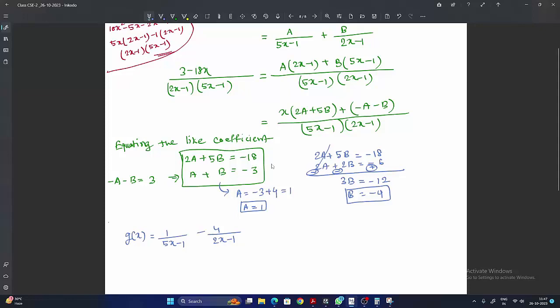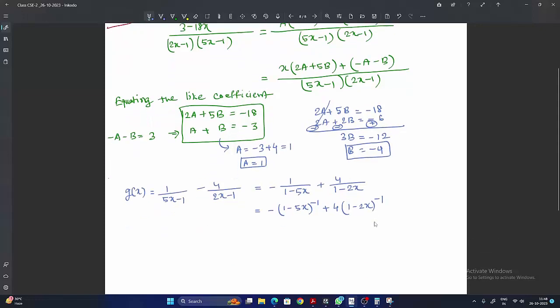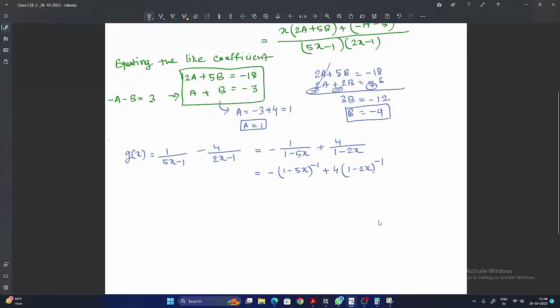So take minus 1 common from here: it will be minus of (1 minus 5x) to the power minus 1, plus 4 into (1 minus 2x) to the power minus 1.